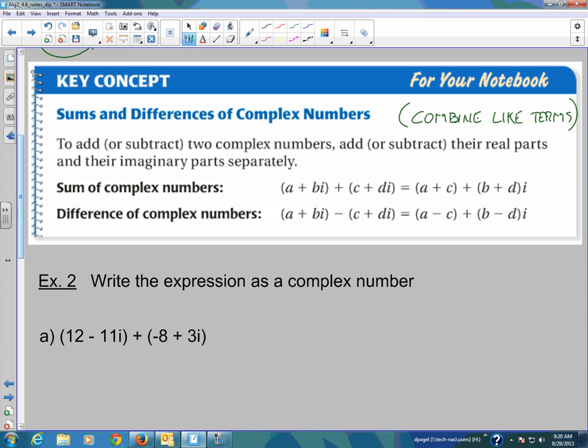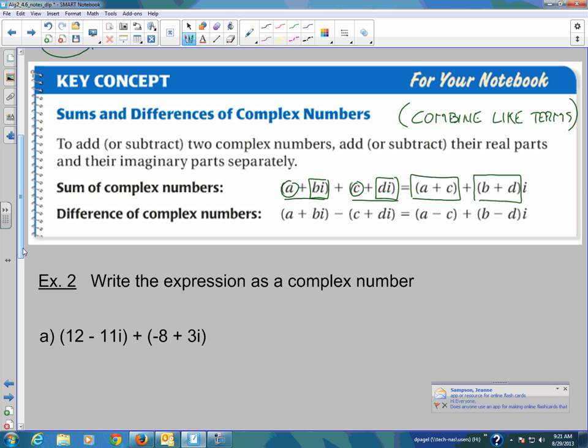So in this example here, we have our two complex numbers, a plus bi and c plus di. Notice that the real pieces form the real part of the answer of this complex number. The imaginary pieces form the imaginary component for that complex answer.